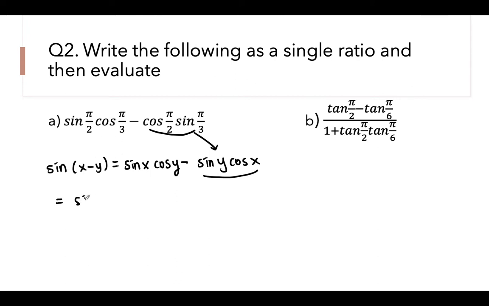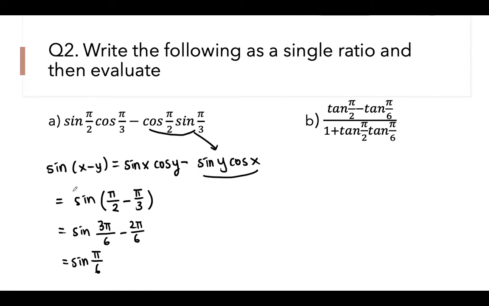So sine x, in this case, starts with pi over 2, subtraction pi over 3. And you can double check by plugging in the numbers into x and y. So let's collect the same denominator. It's going to be 3 pi over 6 minus 2 pi over 6. So therefore, it's going to be sine pi over 6.